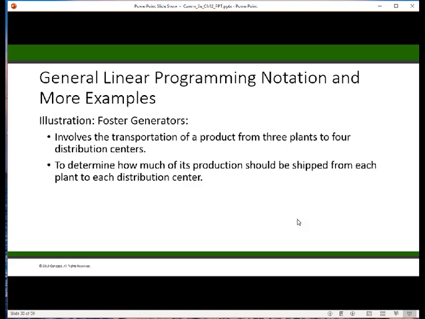The quantity of goods available at each source location is limited, and at the same time the quantity of goods demanded or needed at each destination location is known. Our objective is to minimize the shipping cost of goods from the origins to the destinations.